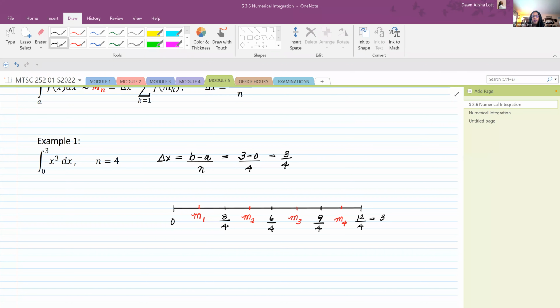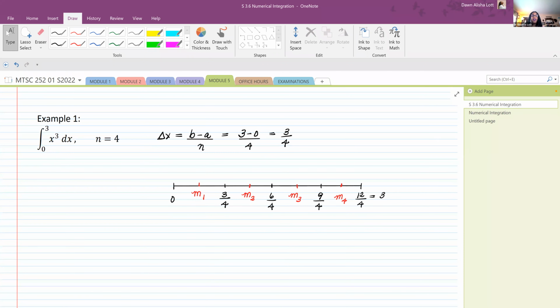Okay, so how do I find M1? Well, M1 is just half the distance between 0 and 3/4. So therefore M1 is 3/8. And then I'm going to add 3/4 to it. Well, what is 3/4? That's 6/8.